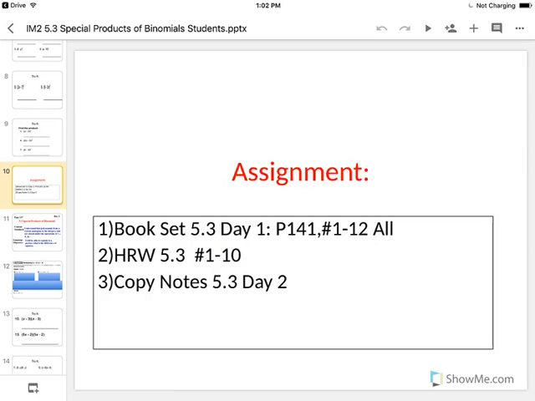That's the end of our notes for Module 5.3, Day 1. You have your book set assignment, and you have your new HRW assignment. Also, copy down notes for 5.3, Day 2.